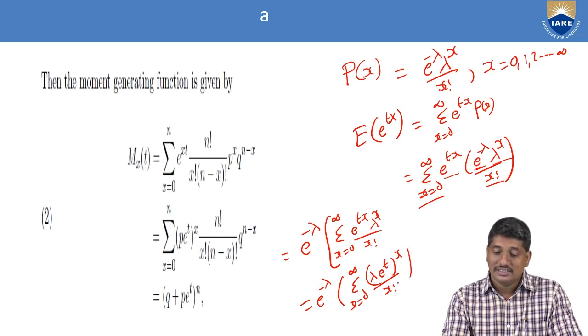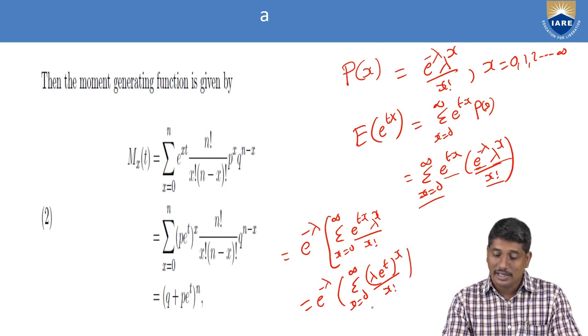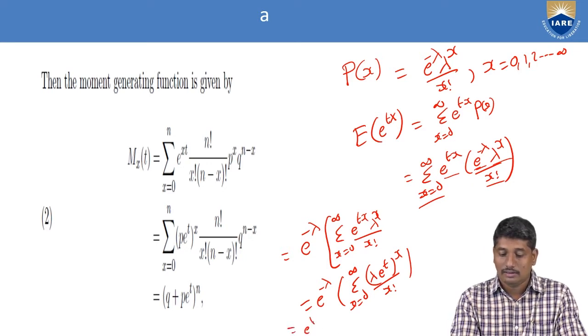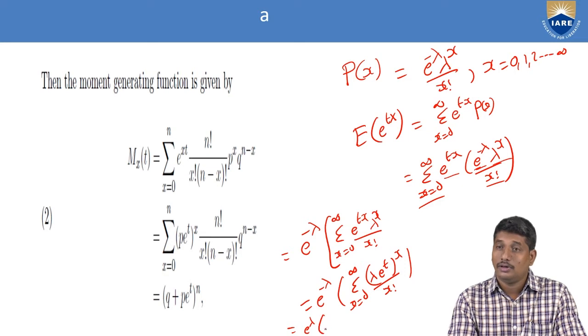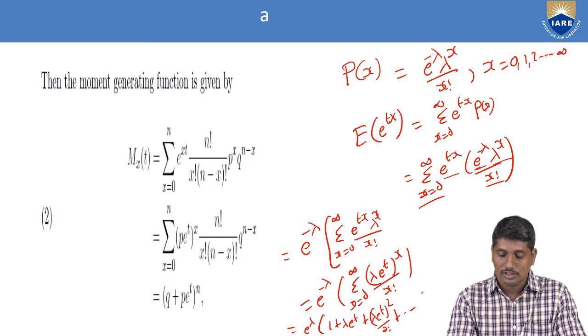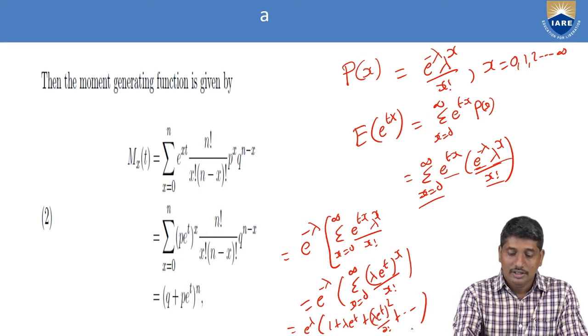If you expand this, this will be like the exponential form, that is 1 plus lambda e power t plus lambda e power t whole square by 2 factorial, and so on.